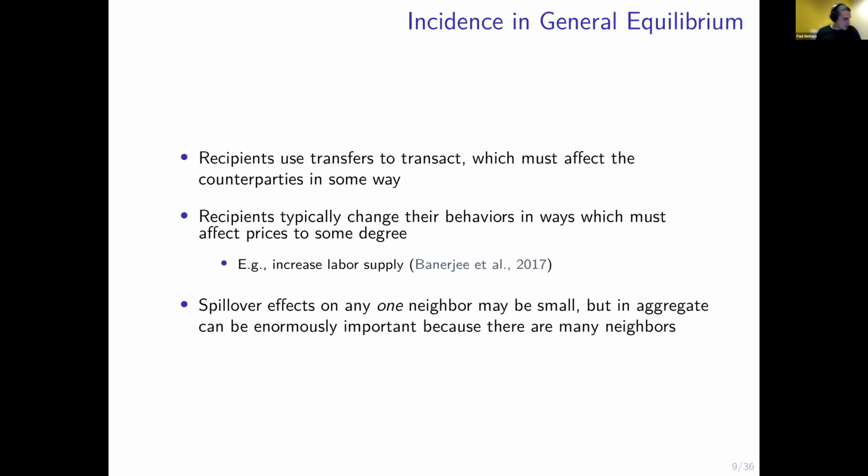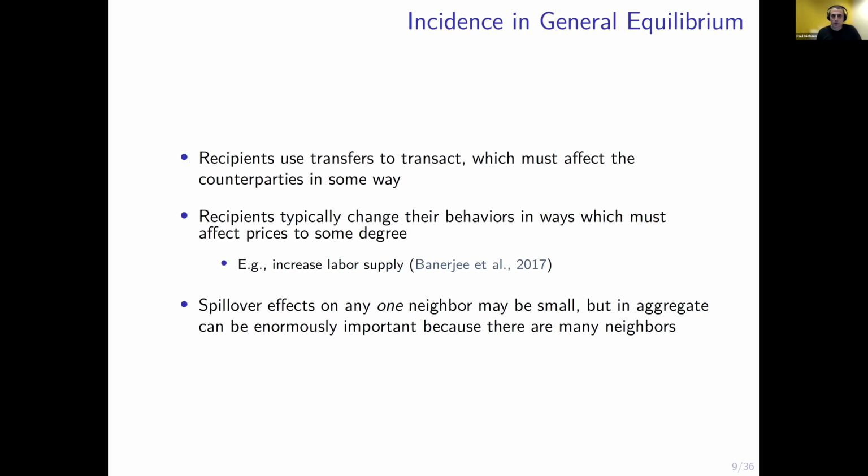Cool. So the second incidence topic that I'm slated to cover is this one about general equilibrium. And just to get you thinking about it, I want to start with some fairly obvious observations about cash transfers. The first is that what you do when you get money is you use it to transact with somebody else. It's very obvious, but it's also a little bit different than, say, an in-kind transfer, right?